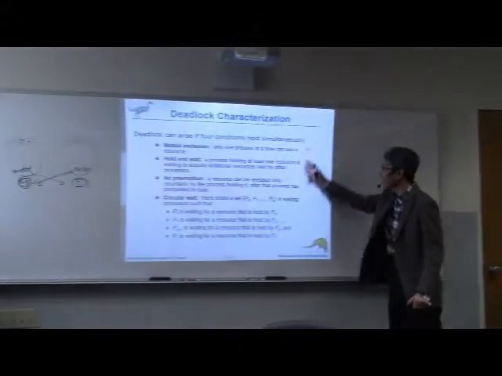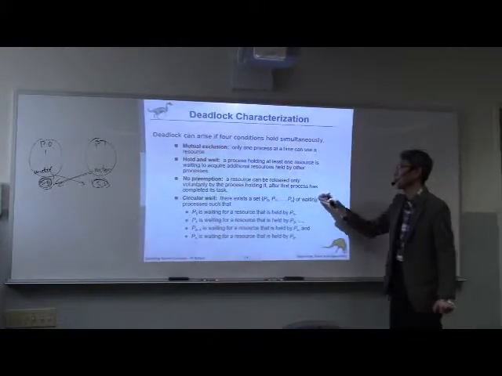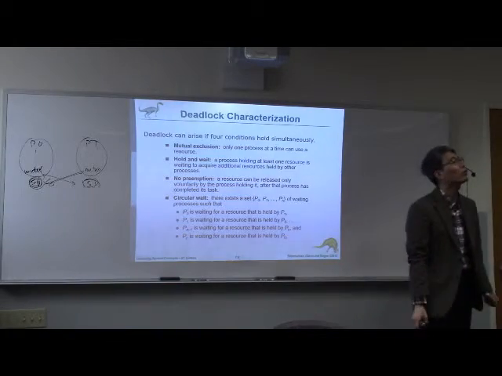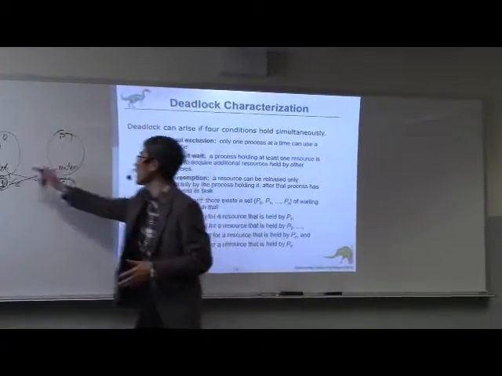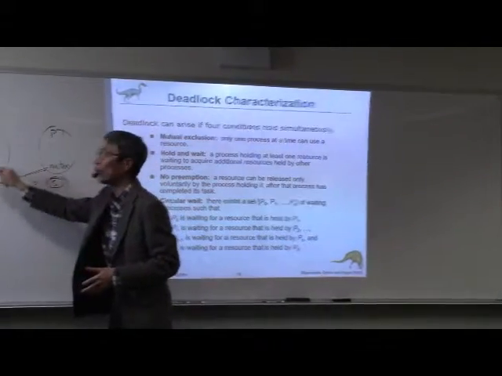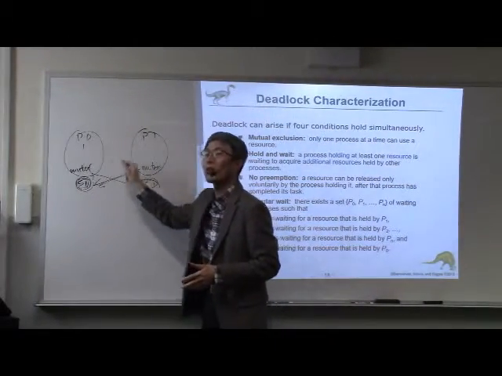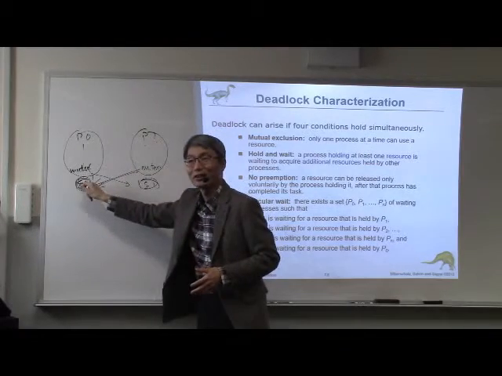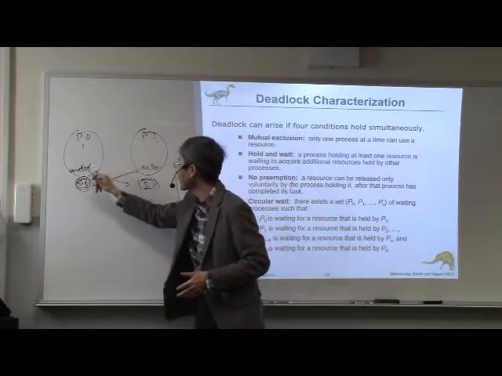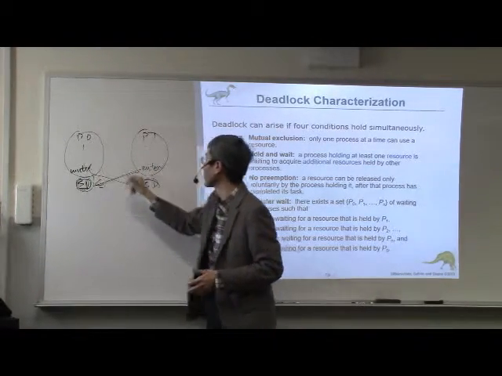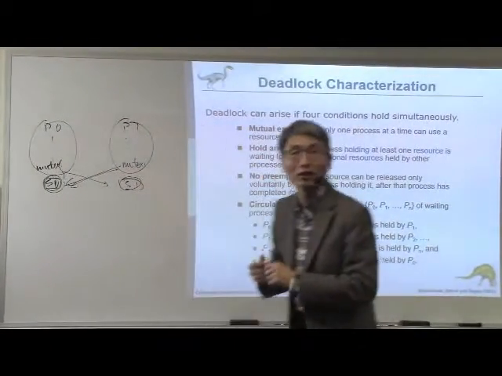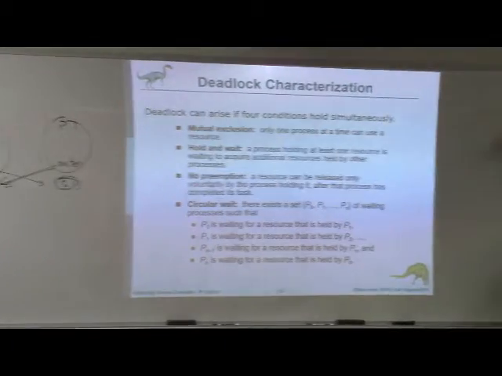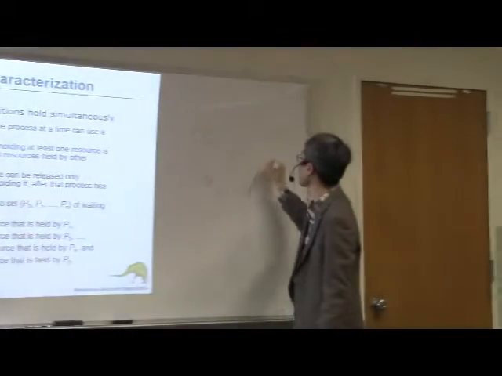And intuitively, you can understand that the most important part is circular wait. Circular wait is, in these two process cases, they are waiting for each other. In other words, it's a circle. This one is waiting for a resource held by this one, and this one is waiting for a resource held by this one. They keep waiting for each other. With many processes, more than two, it's the same thing.